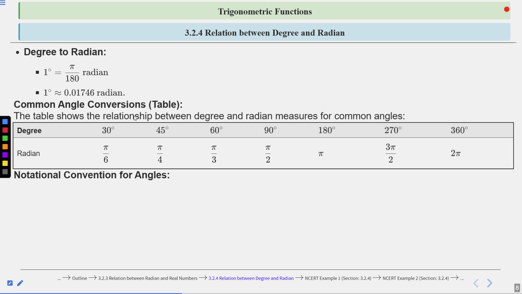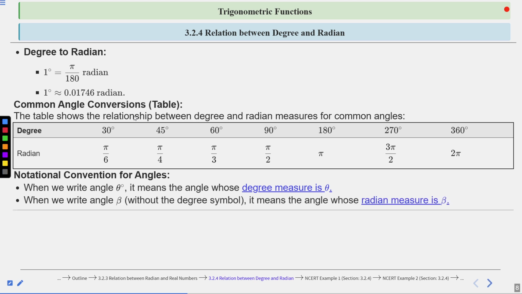Now notational convention for angles. When we write angle theta degree, it means the angle whose degree measure is theta. So this is for degree. If you are measuring in degree, you are going to write theta, then in superscript you put a small circle which represents degree, and you will say theta degree.